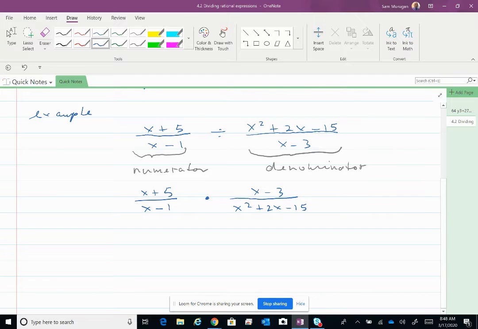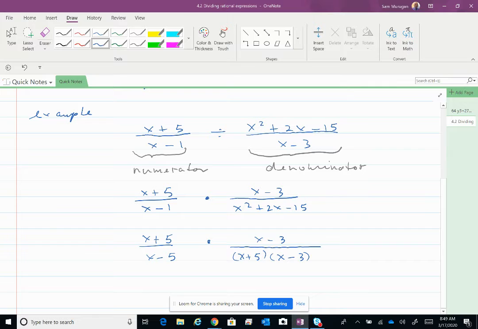So now we can see that we need to factor x squared plus 2x minus 15. Let's go ahead and do that. x plus 5 over x minus 1 times x minus 3 over x plus 5.